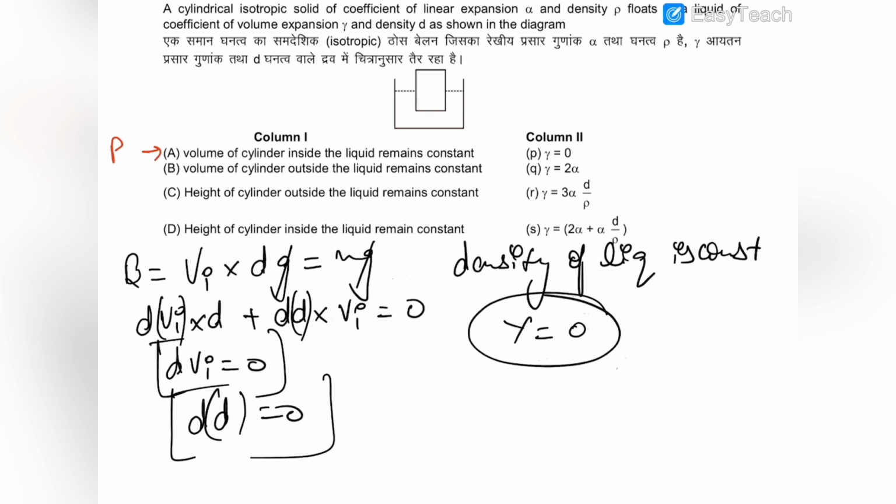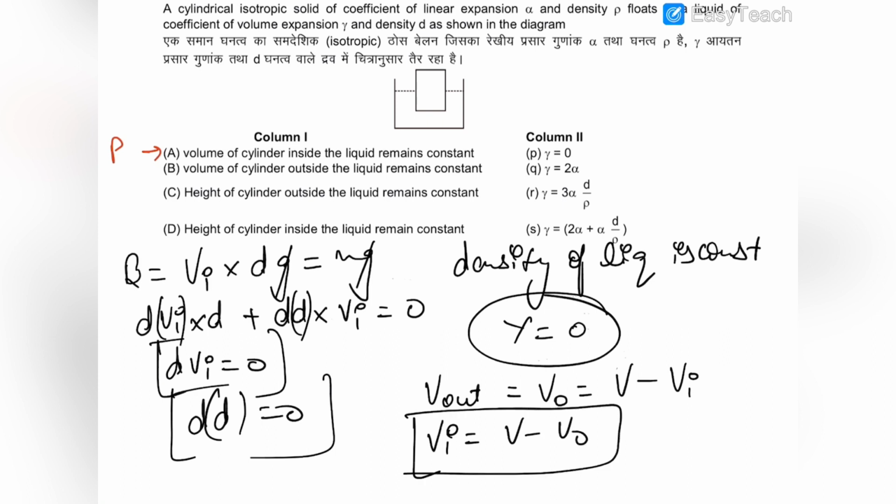So the volume of cylinder outside the liquid can be written as V0, and it is equal to V total minus V immersed. Okay, so this is the volume of cylinder outside the liquid. We can just replace Vi with V minus V0.